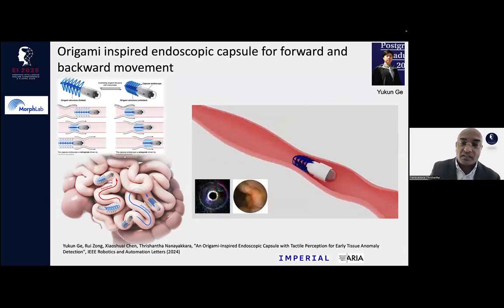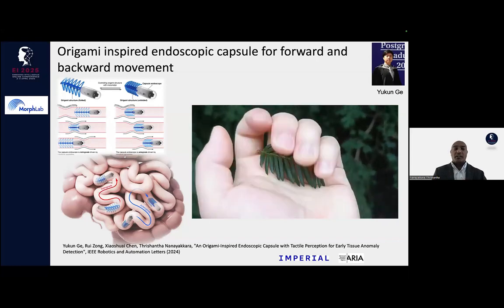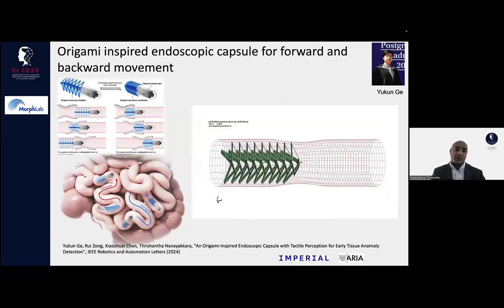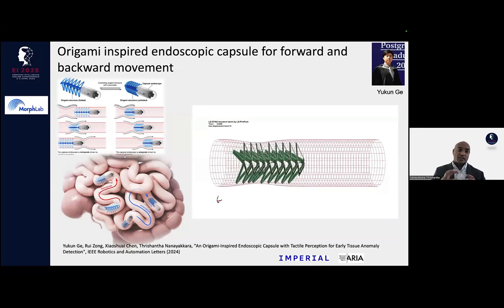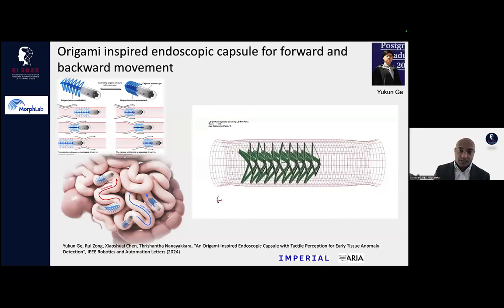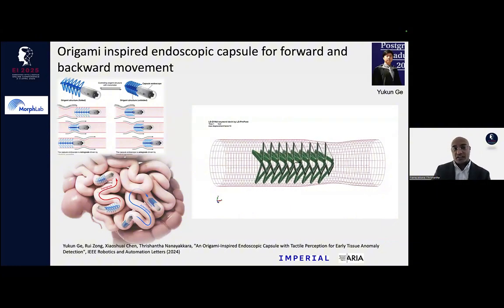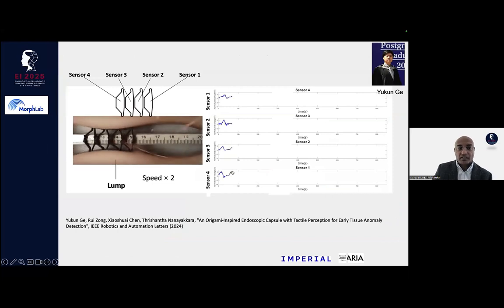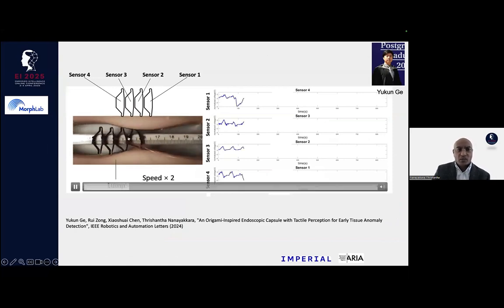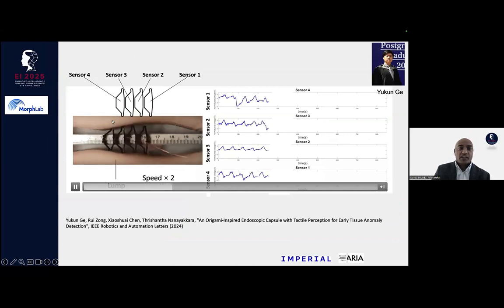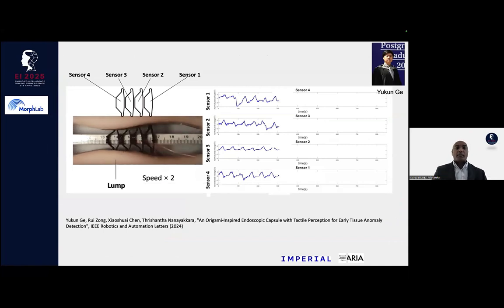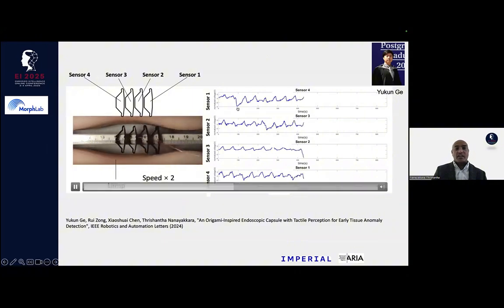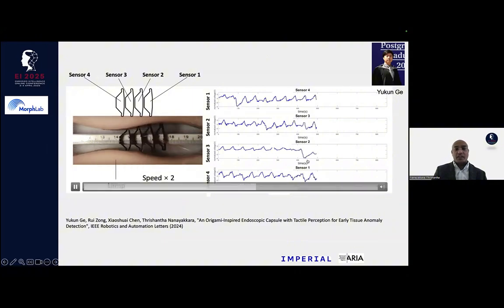So we can use this type of capsule to autonomously move in the colon and go back and forth and collect more data than a rigid capsule that can just go one pass through the colon or the intestine. This idea we tested with a sensorized capsule. When we have four sensors, if there's an anomaly in the tissue, we can capture that in four occurrences across the four sensors, and that gives us some kind of a pattern.